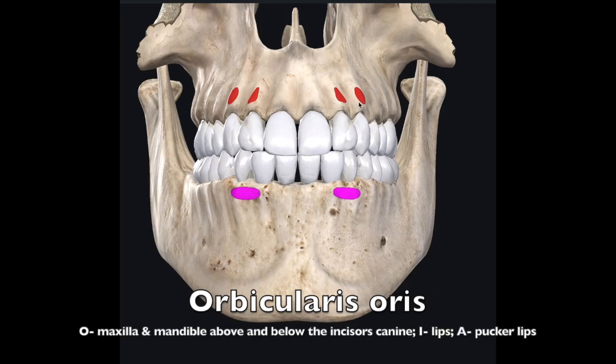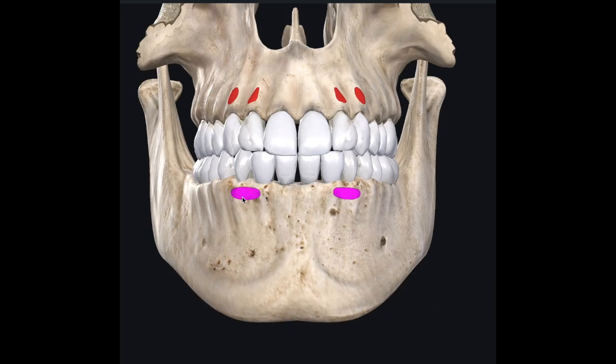You have the superior portion. The superior origin sits just above the canine and the incisors on both sides, as well as the canine and incisor on the inferior portion, but on the mandible.